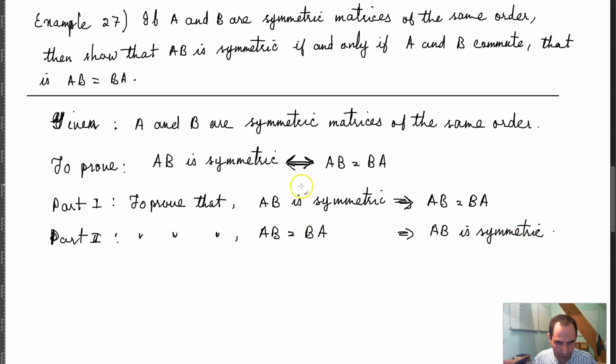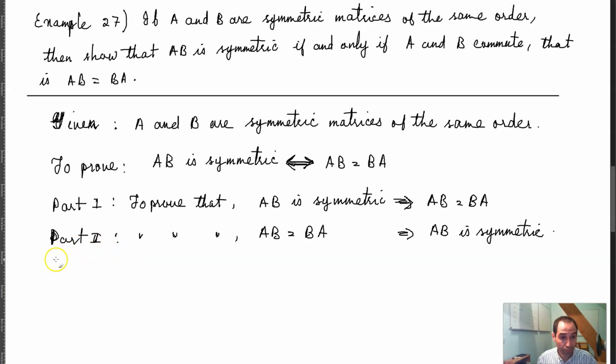If you can prove both of these conditionals, then you have proved the biconditional, which is the combination of these two conditionals.